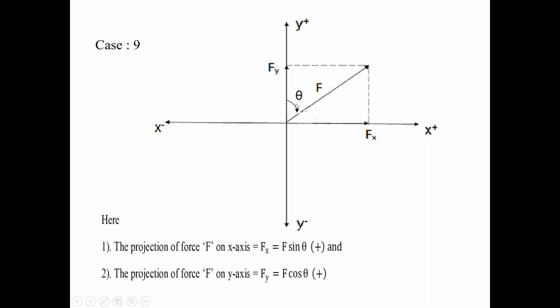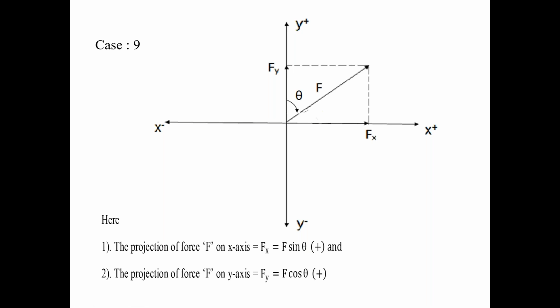Then take sin theta in this triangle. Sin theta is equal to opposite side by hypotenuse. This opposite side is Fx. So sin theta is equal to Fx divided by F. So Fx is equal to F sin theta.